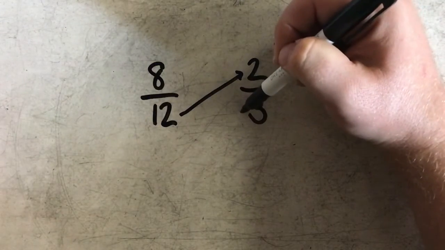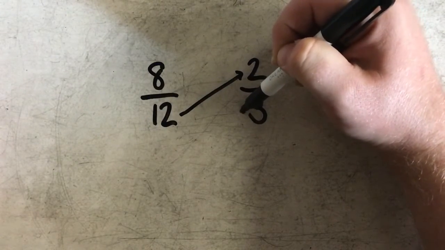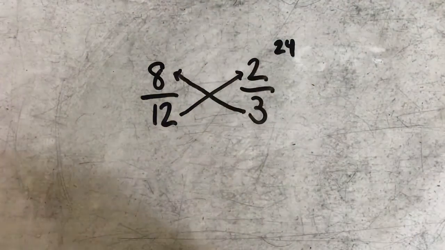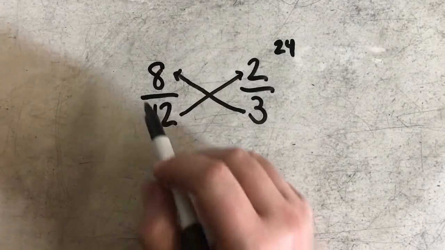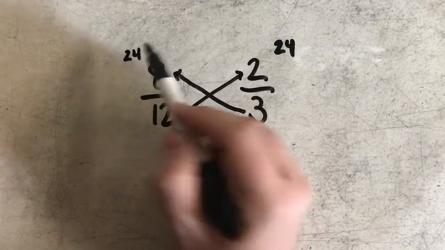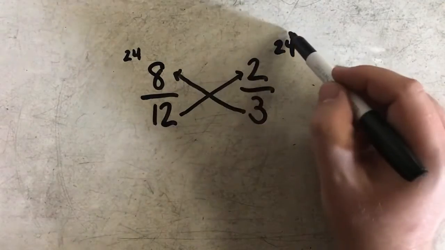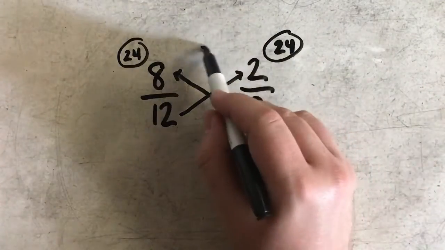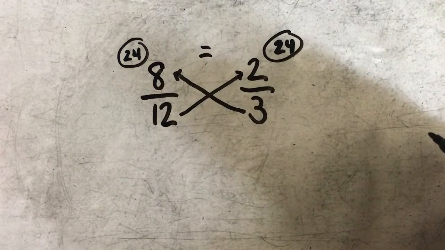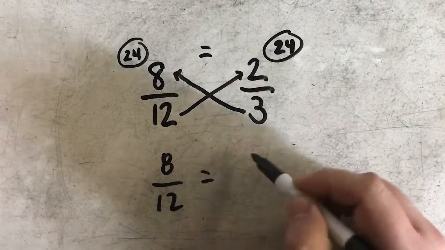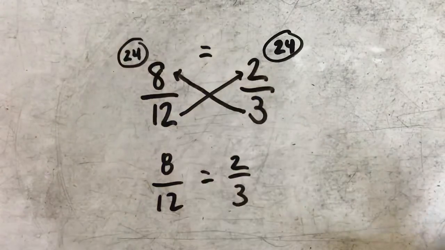Again, I'm going to multiply the denominator of my other fraction times the numerator of the first fraction, and 3 times 8 also is 24. Now, when I compare these two numbers, I see that they're actually equal to each other. So that means that 8/12 is equal to 2/3.